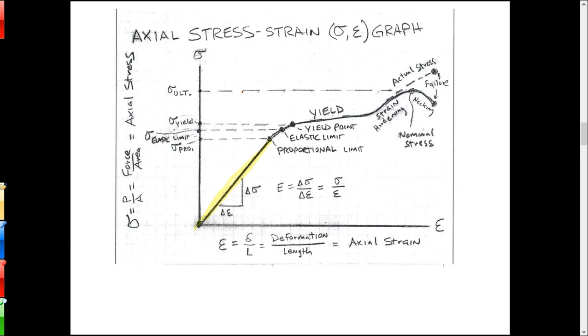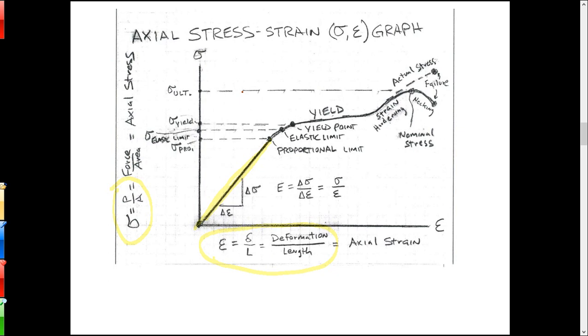What we're plotting here is the stress, which is the load over the area, against the strain, which is the deformation over the original length. That's the general thing you plot. The x-axis is the strain, which tells you how much it's elongating, and the y-axis is the stress, how hard you're pulling.